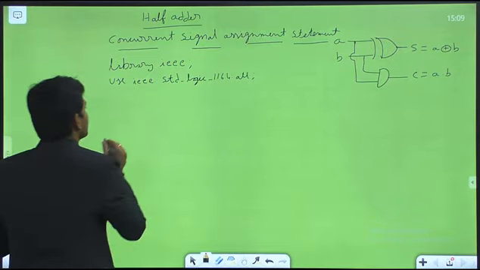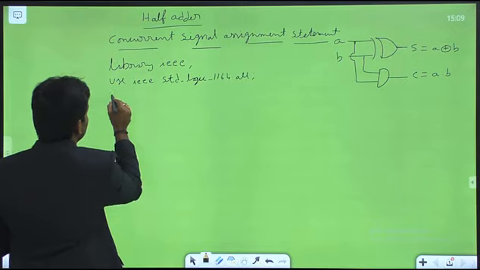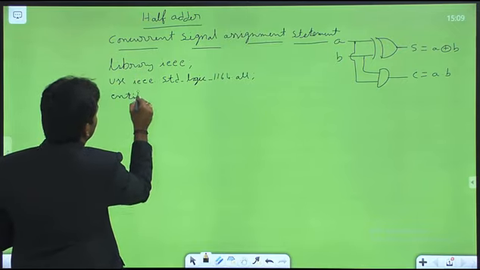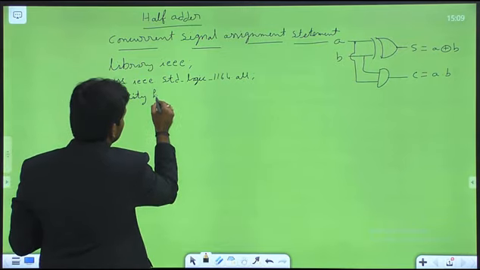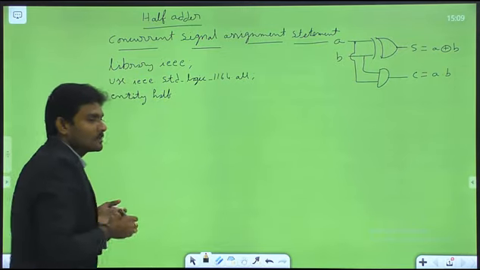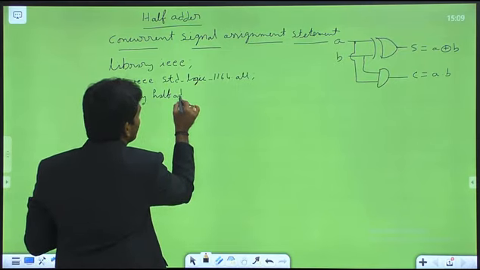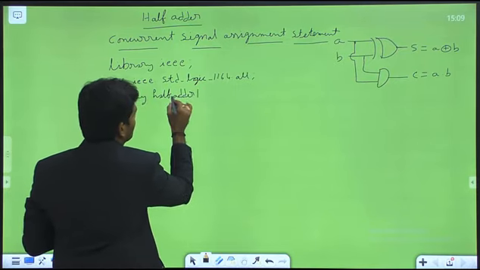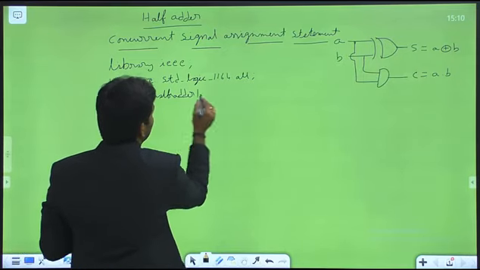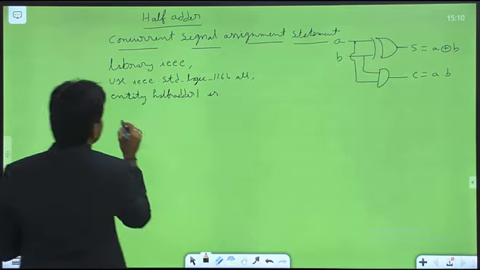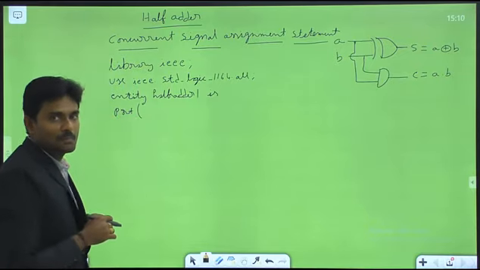The entity declaration starts with the keyword entity, then the entity name. Anything can be used because it is a user-defined identifier. Following the common practice, half adder 1 is the entity name. Then we mention the ports using the keyword port.